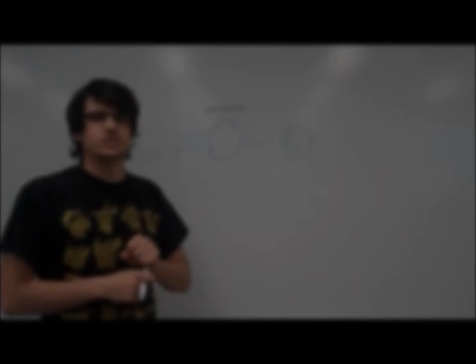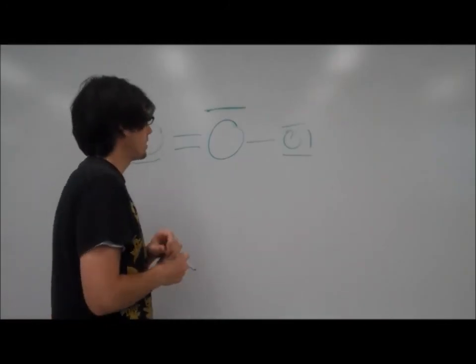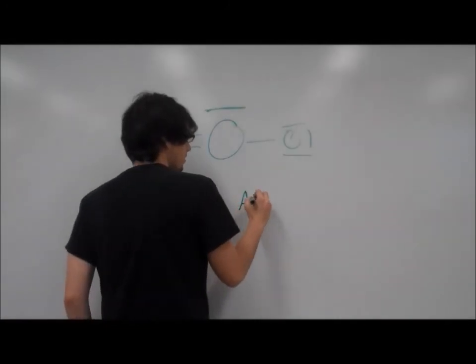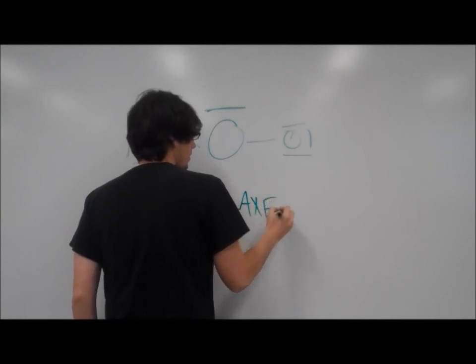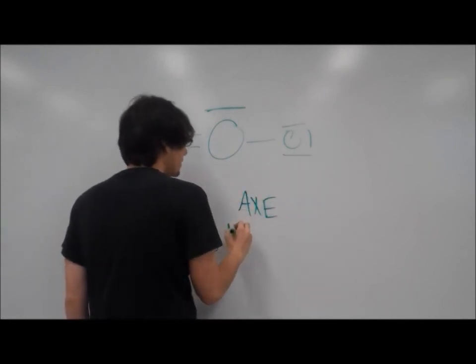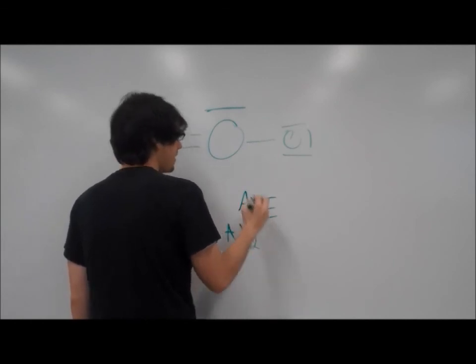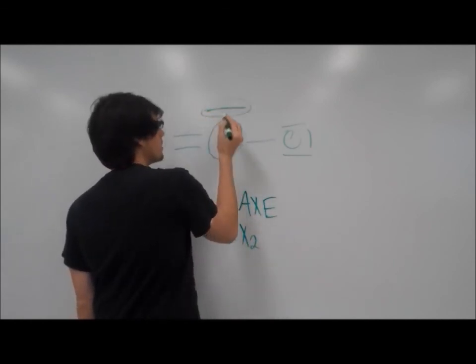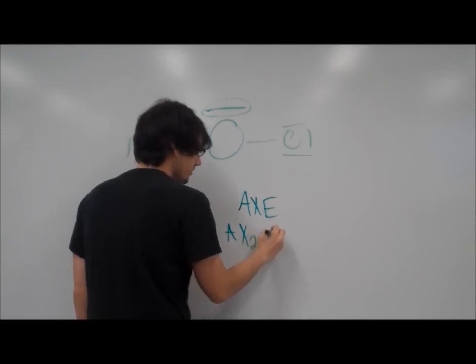We will now determine the geometry of our ozone molecule using the AXE method. A being our central atom. We have 2 bonding atoms and 1 lone pair of electrons.